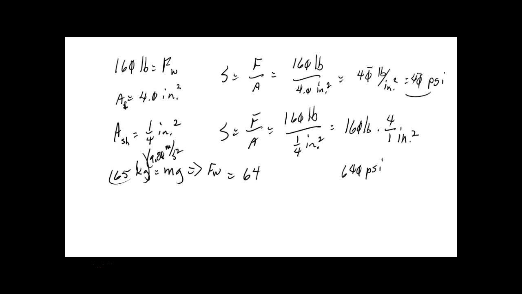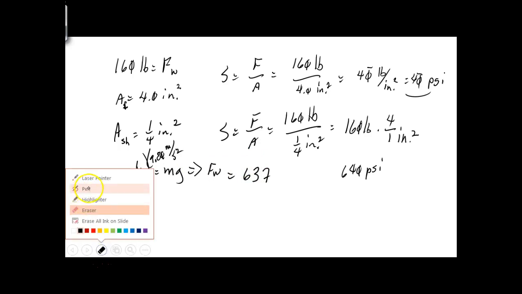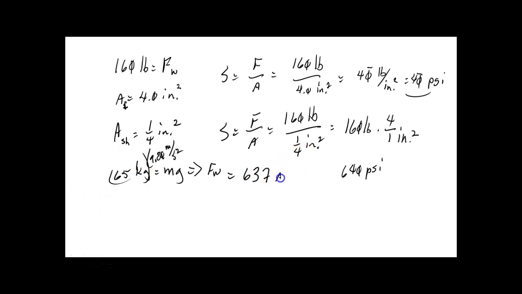Say again. 637. 37, okay. 637. What units? Newtons, exactly. Kilogram meter per second squared is a Newton.